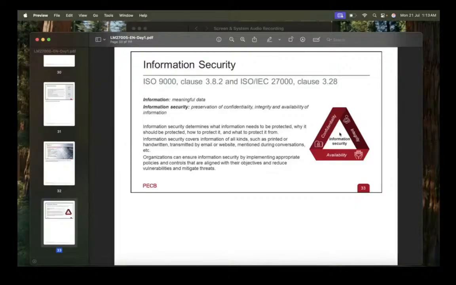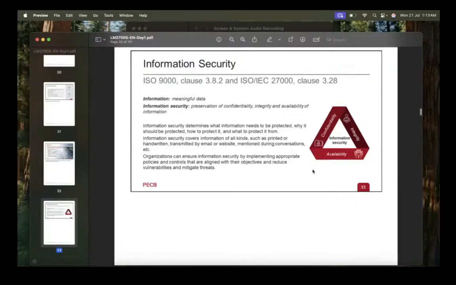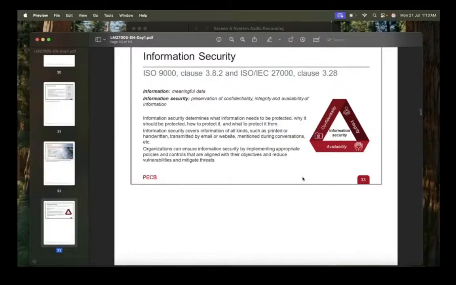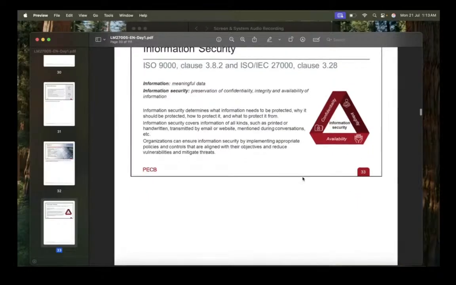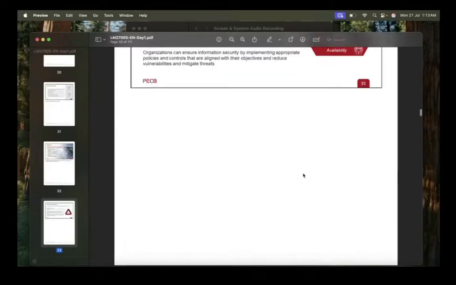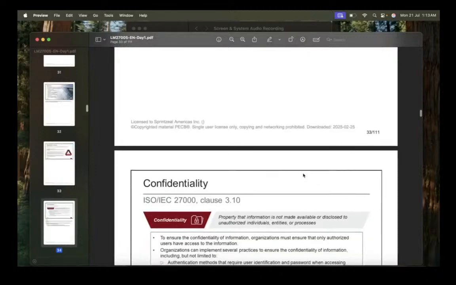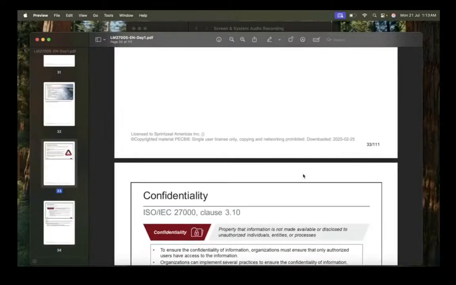So this is the main triangle of information security that we are going to discuss in detail now: confidentiality, integrity, and availability. So by confidentiality, what do you mean?